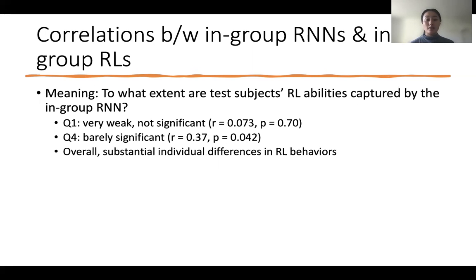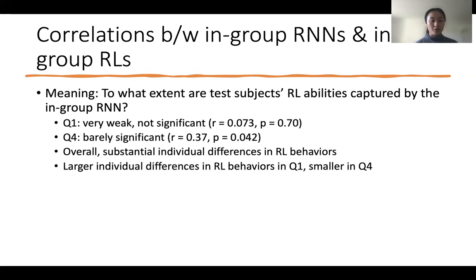So overall, this showed that there were substantial individual differences in RL behaviors, but the individual differences were larger in Q1 and smaller in Q4, which again suggests that Q4 might be a more behaviorally homogeneous group. And this homogeneity might be explained by simple reinforcement learning.